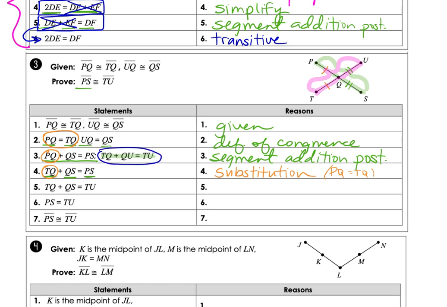Kind of looks like this, right? TQ plus QS equals TU. TQ plus QU equals TU. What happened? It's substitution again from this guy. So this is another substitution, because we used QU is equal to QS and substituted that in.